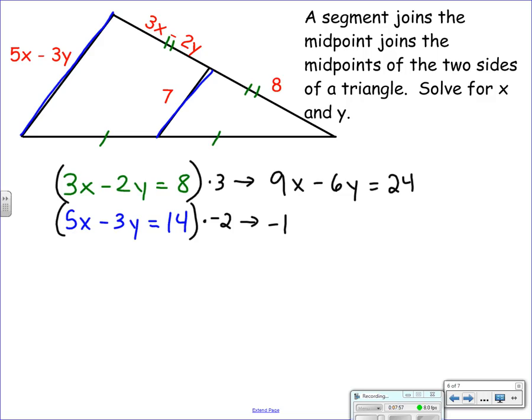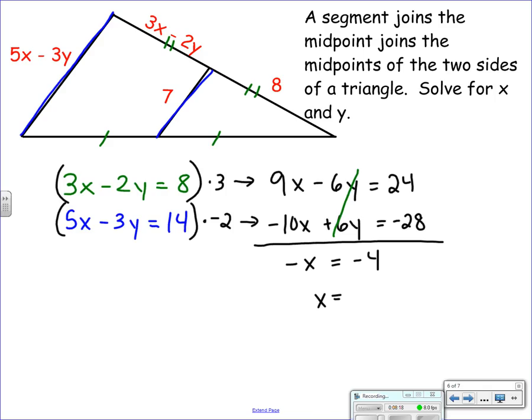Make sure you're multiplying all the terms by -2. -10x plus 6y equals -28. Now combine your two equations. We get -x. The 6y and the -6y cancel, equals -4. Therefore, x equals 4.